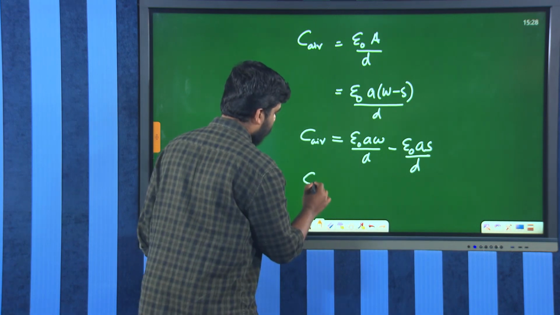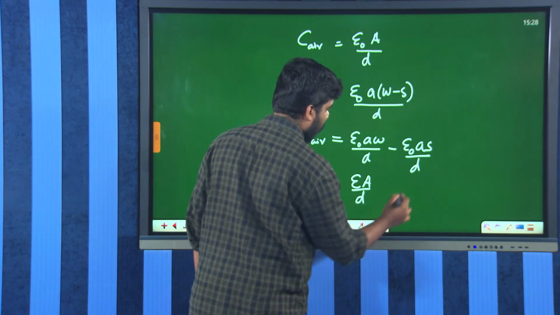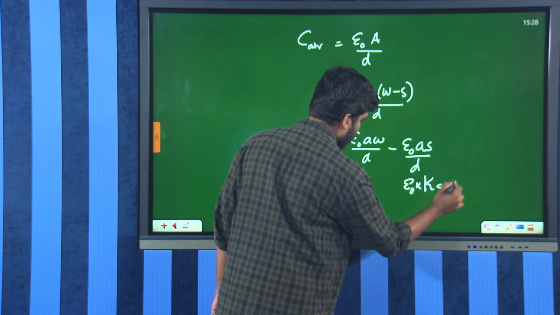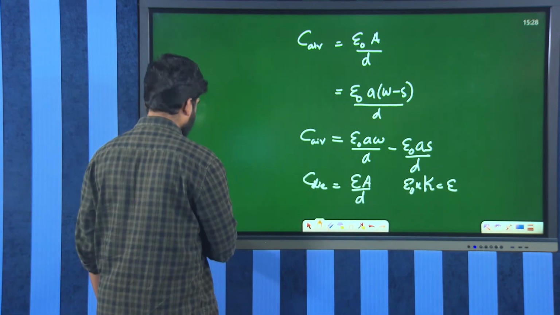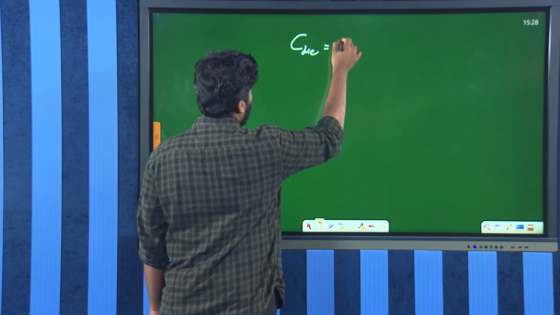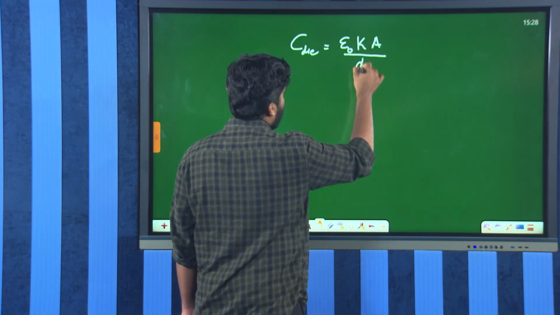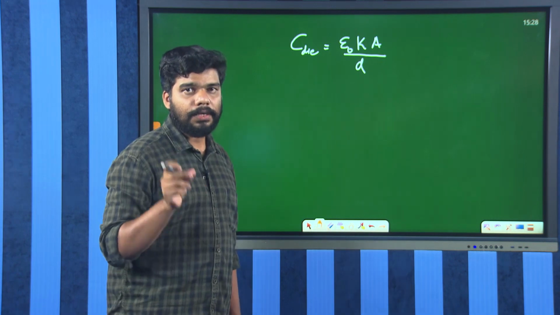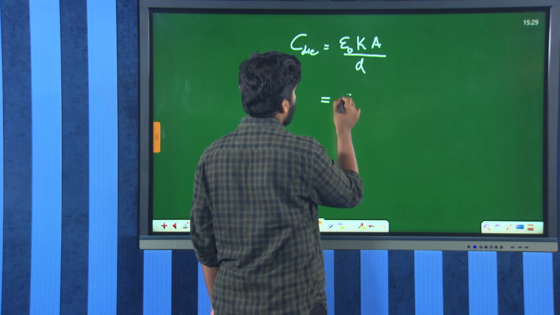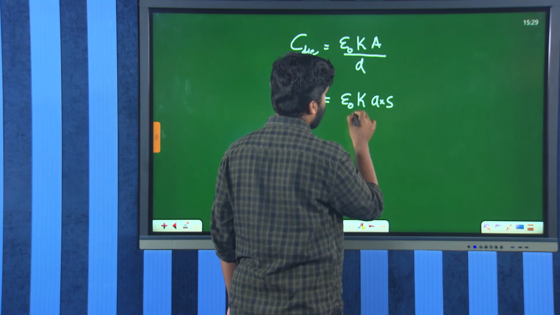And for a dielectric, obviously it is εA/D. From our last session we got ε0 K = ε. So, I substitute C dielectric = ε0 K a/D, and this area is the area of the dielectric substance, which is equal to ε0 K a S/D.